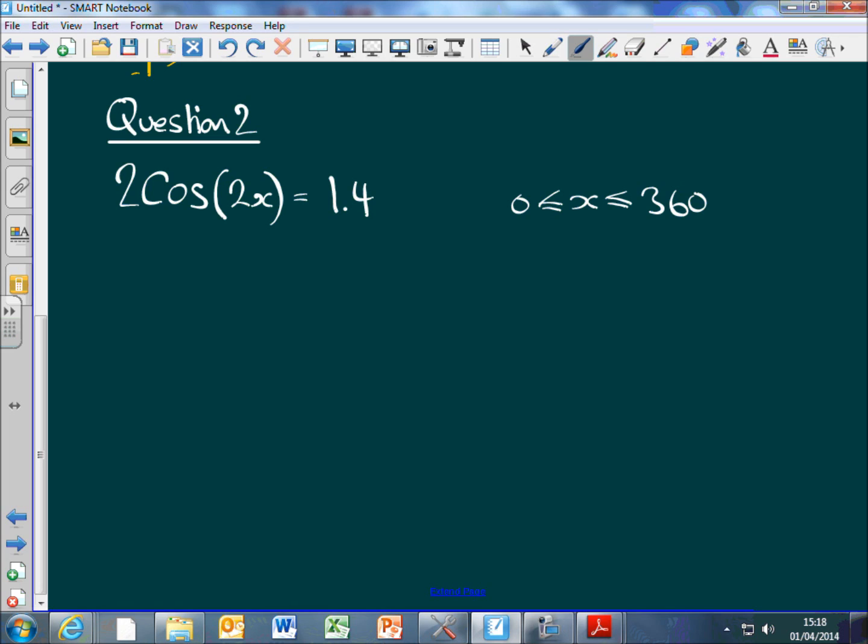What would I do first? Okay, the first thing is, get rid of this 2 in front of it. So I'm going to get rid of the 2 in front of it, and that gets me to this.